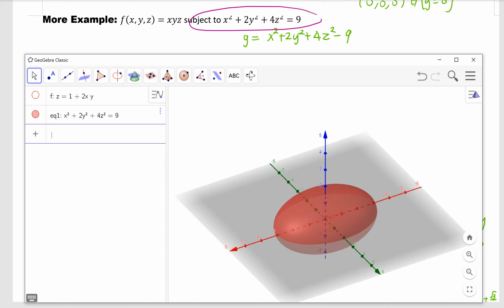All right, the constraint. And next, what is xyz? We want to draw a level curve. So xyz equal to 0. Let's see.